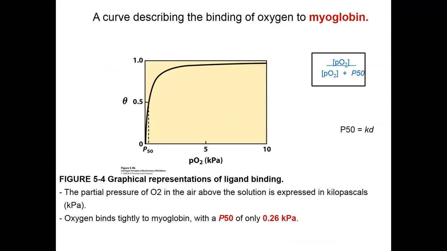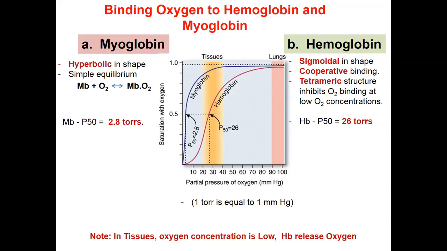Now this is the binding curve for hemoglobin and myoglobin. Look at it closely. The partial pressure of oxygen is increasing. The saturation means fraction bound. As the oxygen concentration increases, the fraction bound for myoglobin increases and then reaches a plateau.